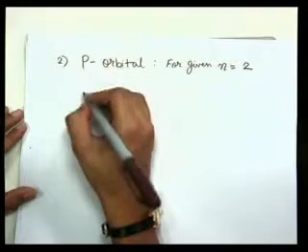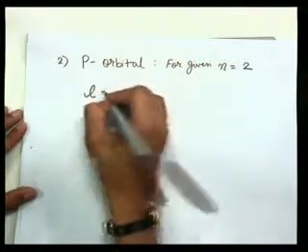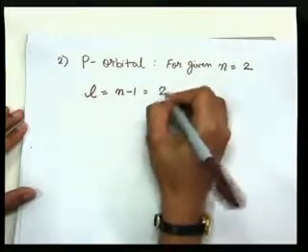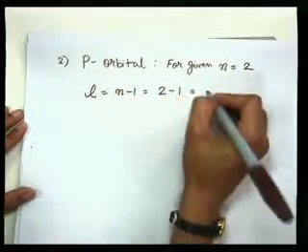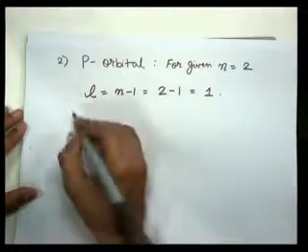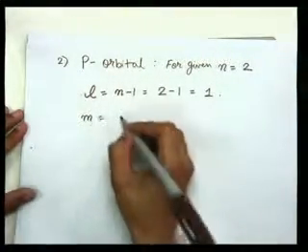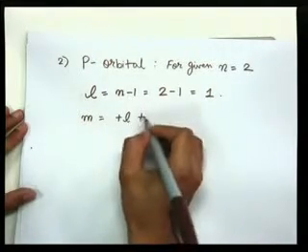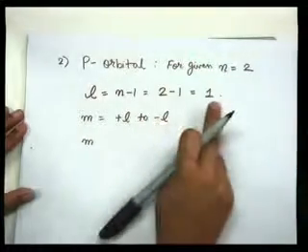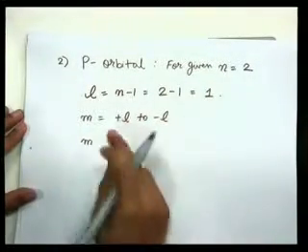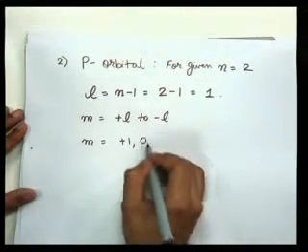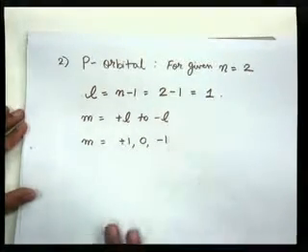Your angular quantum number L will be equal to n minus 1, that is 2 minus 1 equal to 1. Now what was our formula? Magnetic quantum number M was formulated as plus L to minus L. So look here, L is having 1 value, so we will go from plus L to minus L. It means plus 1, 0 and minus 1 values M can take up.